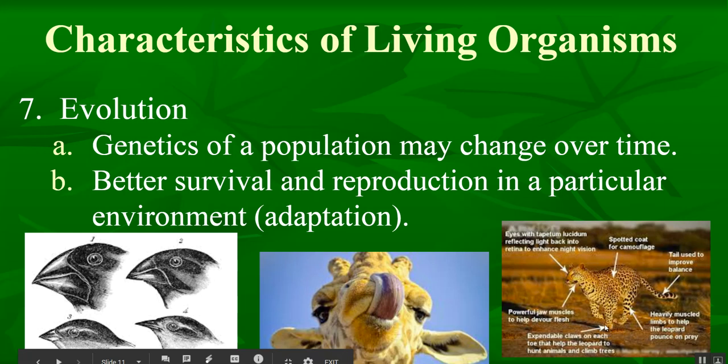Most of your large cats cannot retract their claws, but the cheetah can, and that helps them hunt and climb. It also has powerful jaws. It has eyes with a tapetum lucidum. Actually, a lot of animals have that. That's what makes their eyes kind of glow at night. That enhances their night vision. It also has a stronger heart. It has a smaller head. All things that help it run faster.